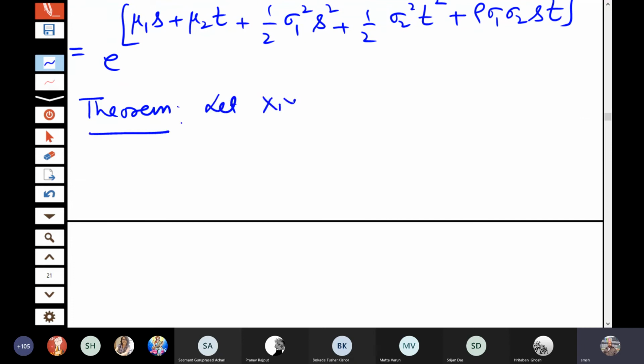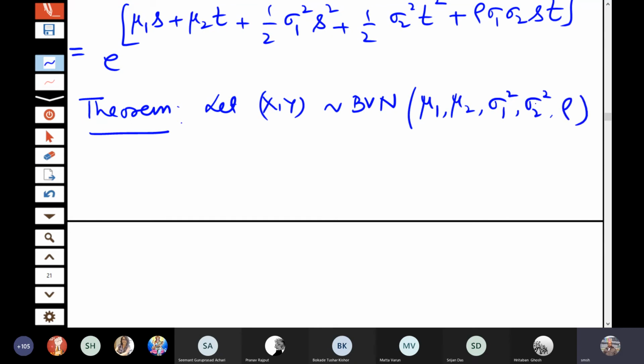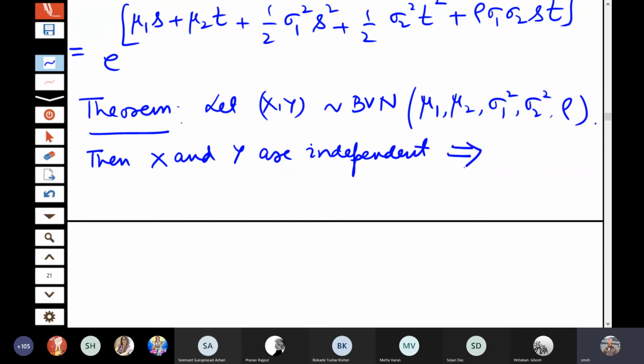Let x, y have a bivariate normal distribution. Then x and y are independent if and only if rho is equal to 0.